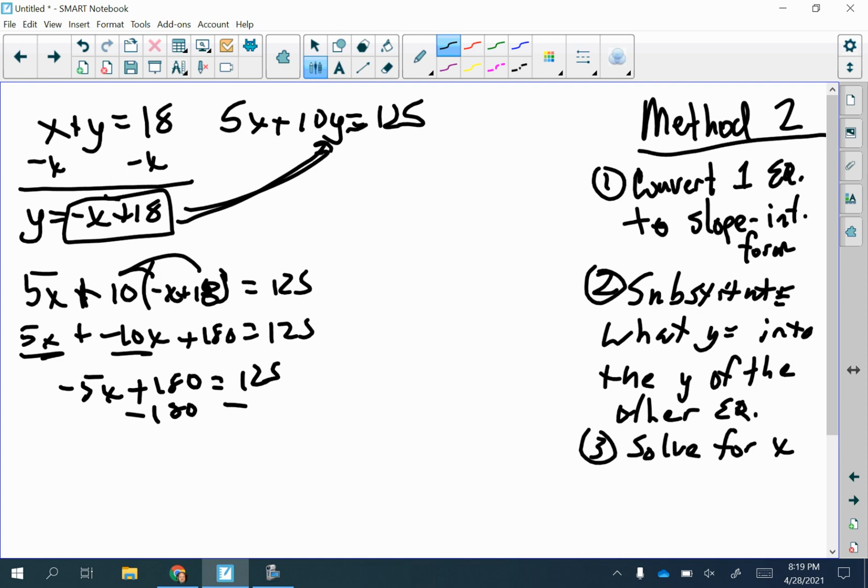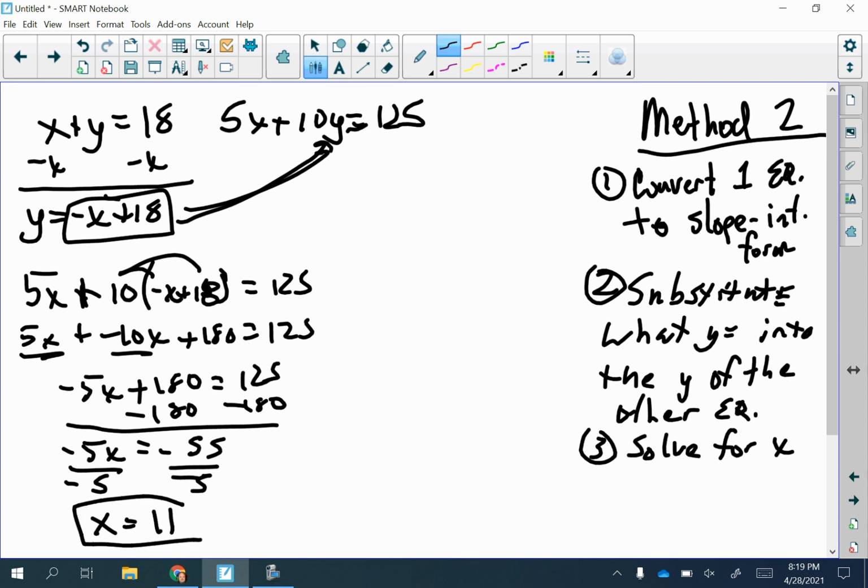And when I subtract 180 from both sides, I'm still solving for x. Negative 5x equals negative 55. And when I divide by negative 5, negative 55 divided by negative 5 is 11. So same one we came up with in the first one, right?